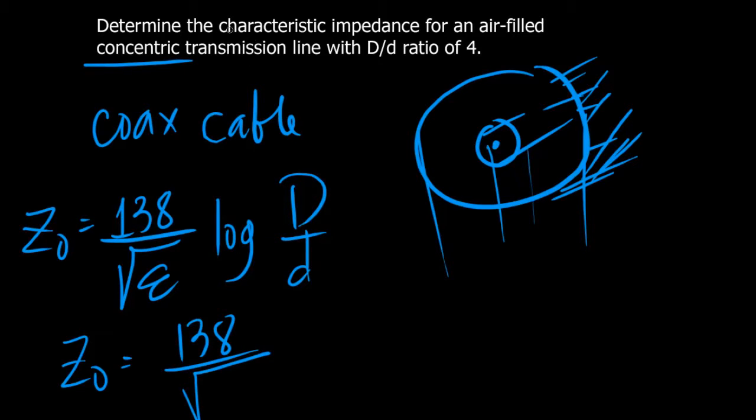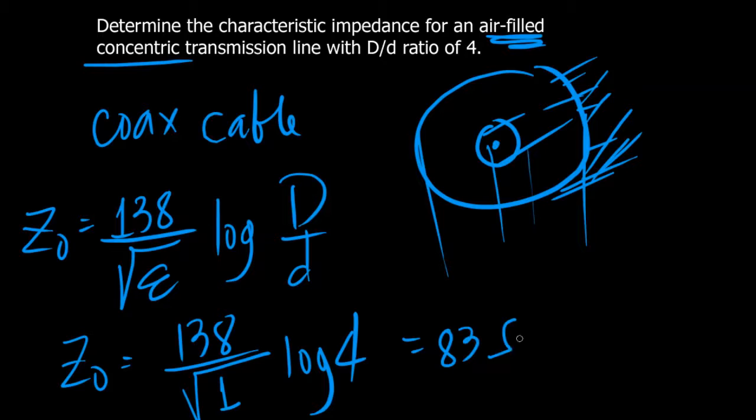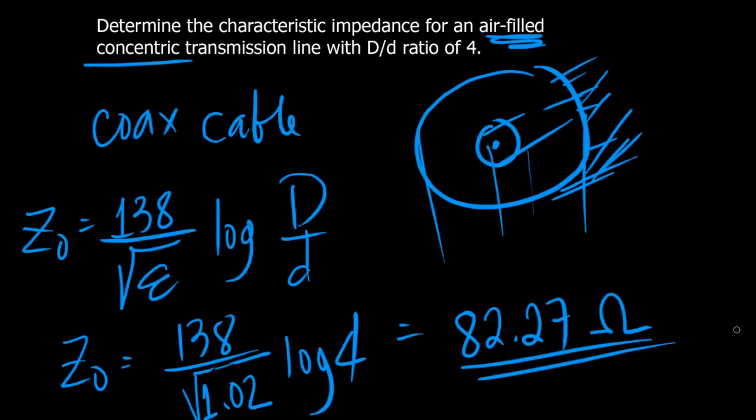Now, it says it's air-filled. So, let's just write 1. Log of 4. And this should give us 83 ohms. So, the example coaxial cable given these instances gives us 83 ohms na characteristic impedance. What if striktohon ta siya kag testingan tagid ang specific nga dielectric constant sang air 1.02. Kung ibutang na sa inyong mga kalkyo, you should get 82.27 ohms.